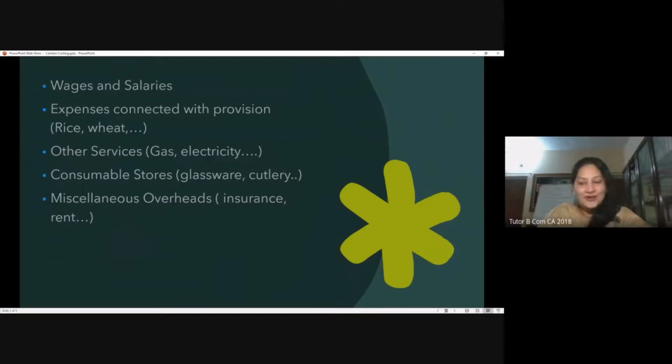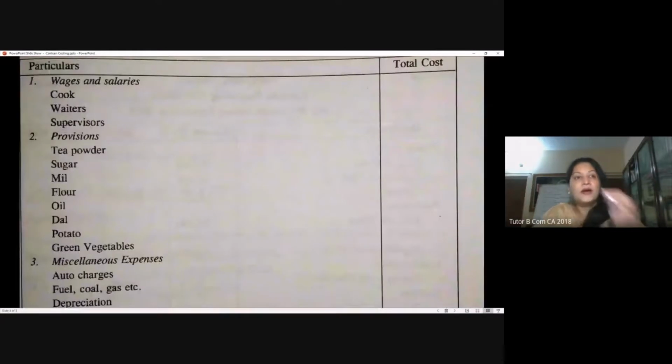Now let's look at how the income statement or the cost statement should look in case of a canteen business. As I said, these will be the different categories of expenses which we will take care of when we are preparing the cost sheet for a canteen business.